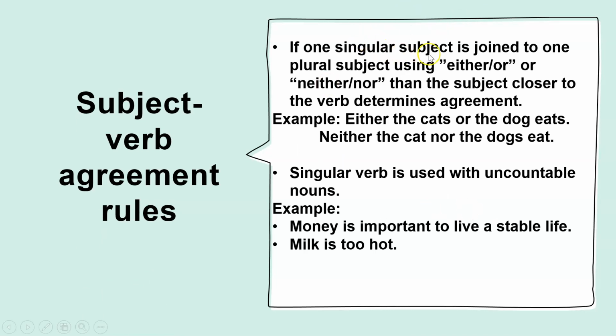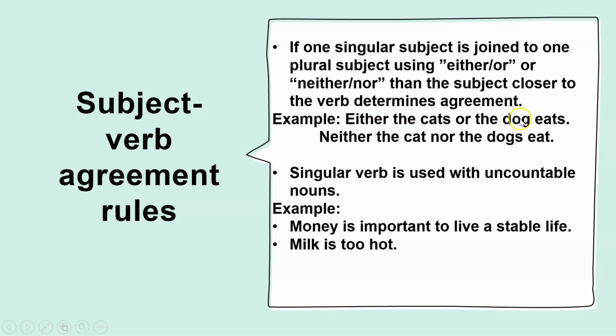If one singular subject is joined to one plural subject using either or neither nor, then the subject closer to the verb determines agreement. It means no matter you are using either or neither nor, the subject which is near the verb, we look at that.